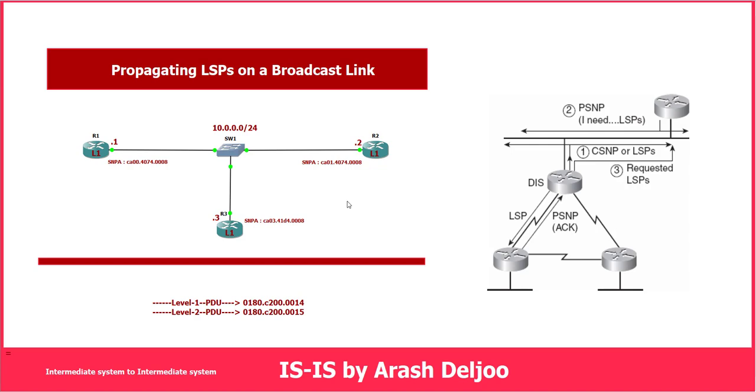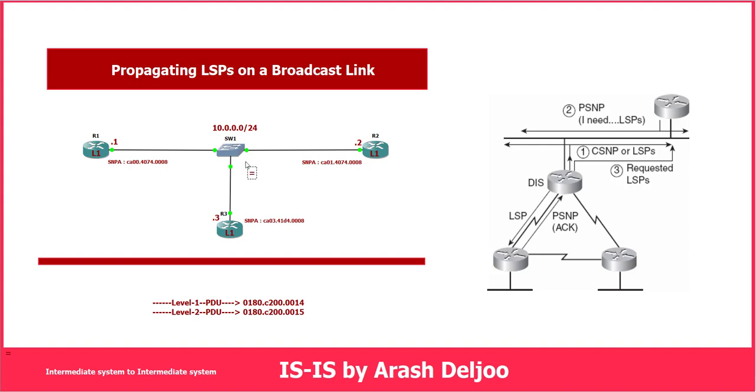And the next function of the DIS is representing the broadcast segment in the link state database as a standalone object, or the pseudonode. This second function or operation of the DIS maybe is easier. You know that when we are configuring the broadcast network with IS-IS, after this DIS election, the DIS can represent itself as a pseudonode.